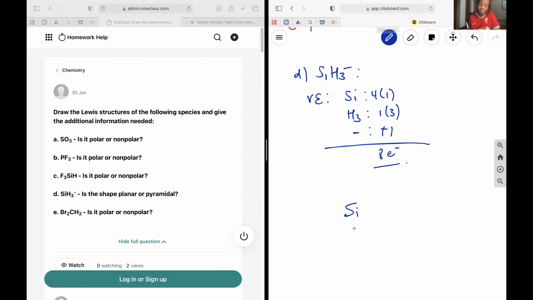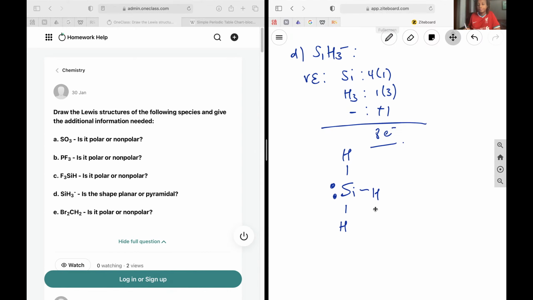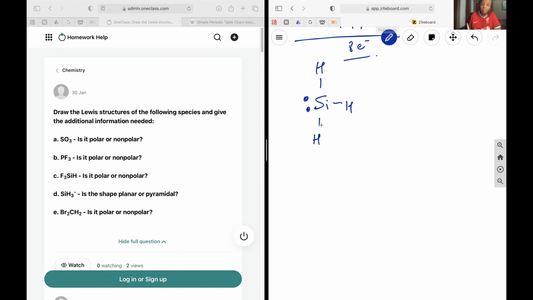Silicon makes the most sense as my central atom. I can't have hydrogen. Place the hydrogens around it. This gives me 2, 4, 6. I have 2 more electrons. Makes the most sense to fill silicon's octet. And so that's what I'll have. Now, check my formal charges.